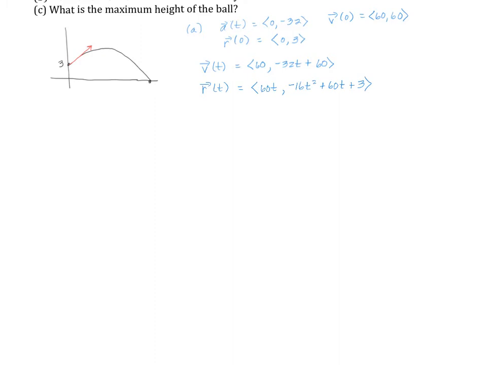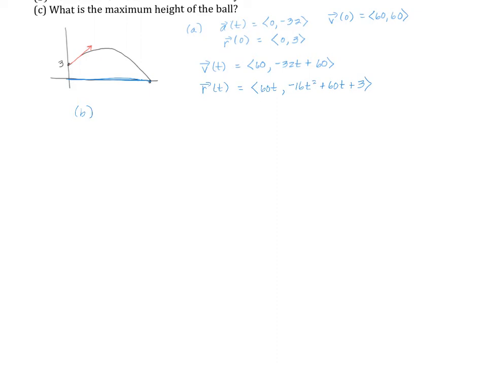Part B, we're supposed to see how far the ball travels horizontally. So we're going to be finding this distance here along the x-axis for part B. Well, first of all, I have to know when the ball hits the ground.